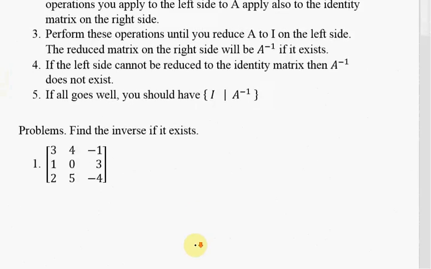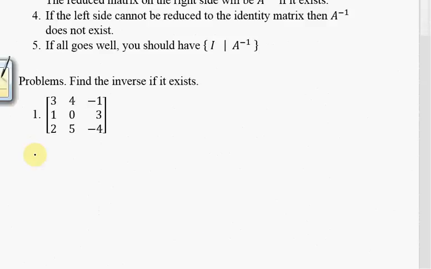All right, let's look at this problem here. Find the inverse if it exists. So we're going to use that process up above. On the left side, we have the matrix A, and on the right side, we have the identity matrix.